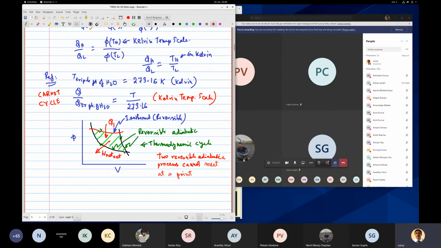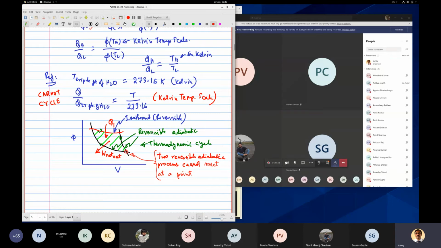If these two are able to meet, then we'll be able to construct this cycle. If the processes meet at some point here, then we'll be able to construct this cycle, right? So that means two reversible adiabatic processes cannot meet at a point. This is not feasible, right?